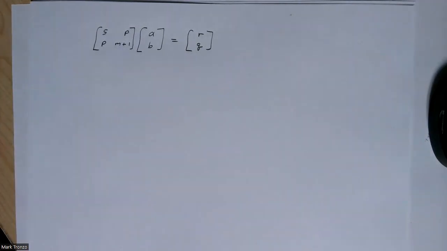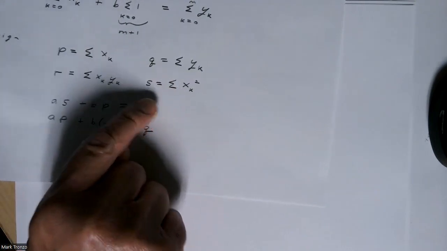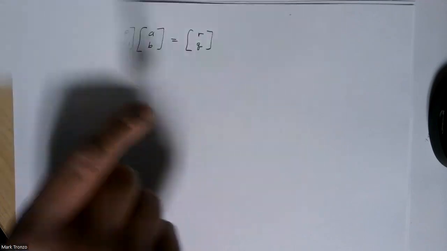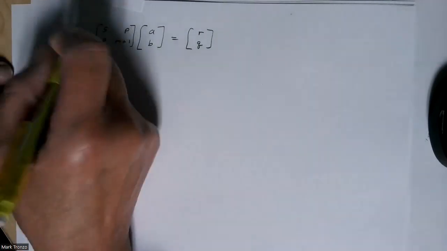And again, remember, what we've basically done is come up with a system in which this is P, Q, R, and S. We can calculate these values and put them in here and then solve our system. And let's do a quick, real short example.